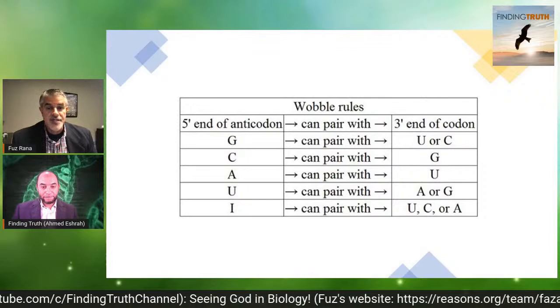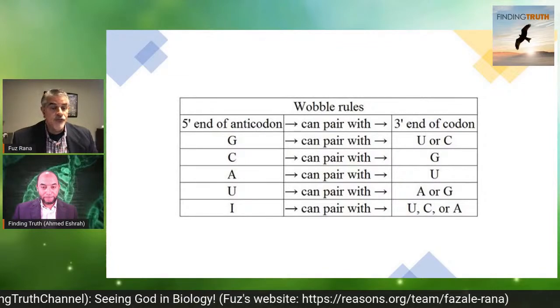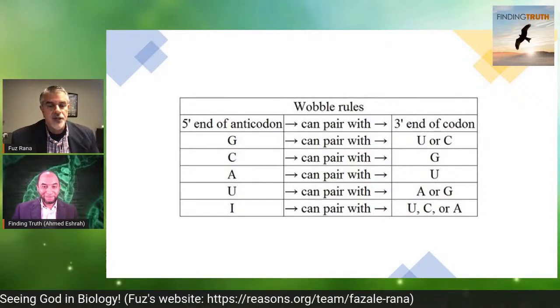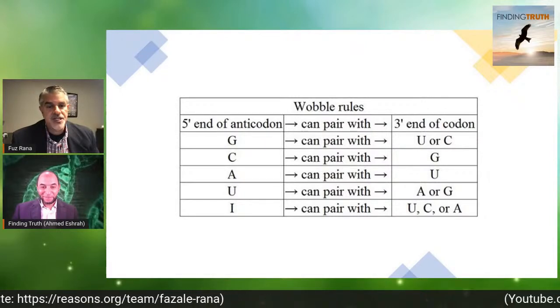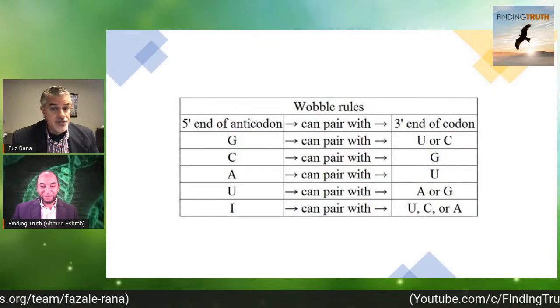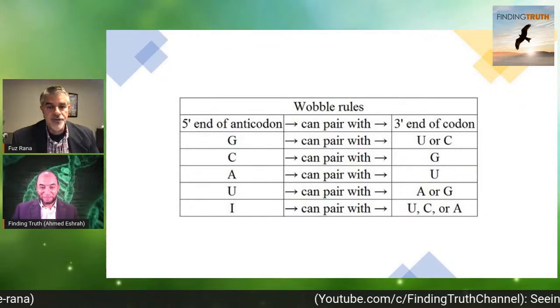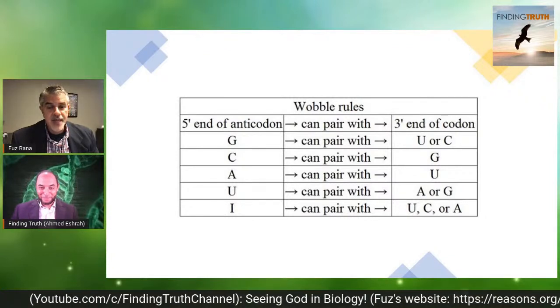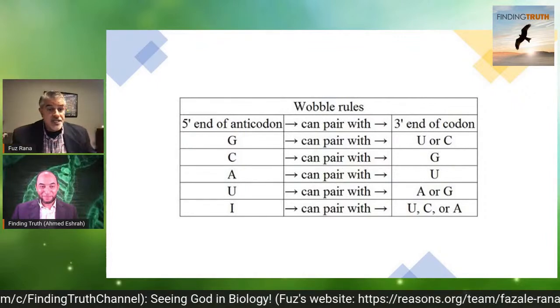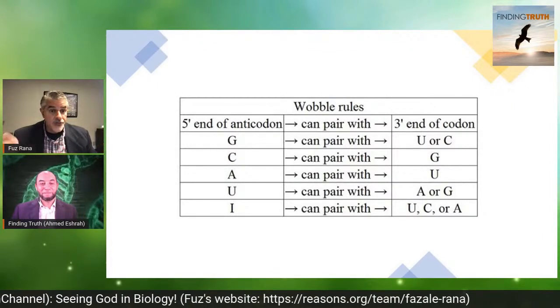There's actually a set of wobble rules that have been developed: G on the anticodon can pair with U or C, a C can pair only with G, an A can only pair with U, a U can pair with A or G, and an I can pair with U, C, and A. What this means is that it explains the redundancy, at least in large measure.